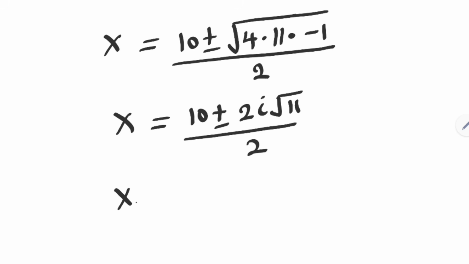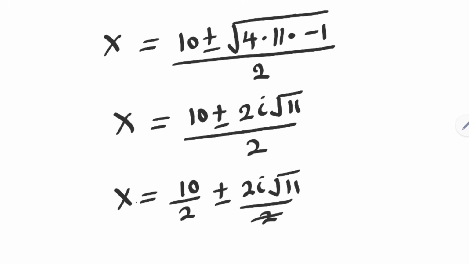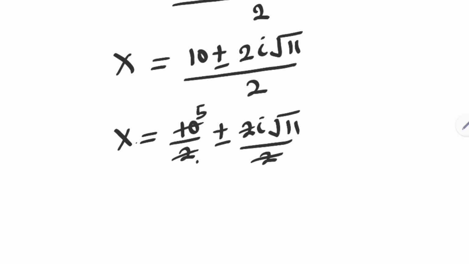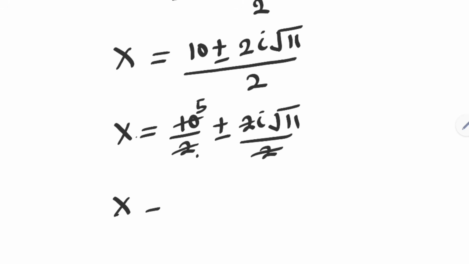Therefore, x is equal to 10 divided by 2 plus or minus 2i square root of 11 divided by 2. 2 into 10 is 5, 2 into 2 is 1. x is equal to 5 plus or minus i square root of 11.